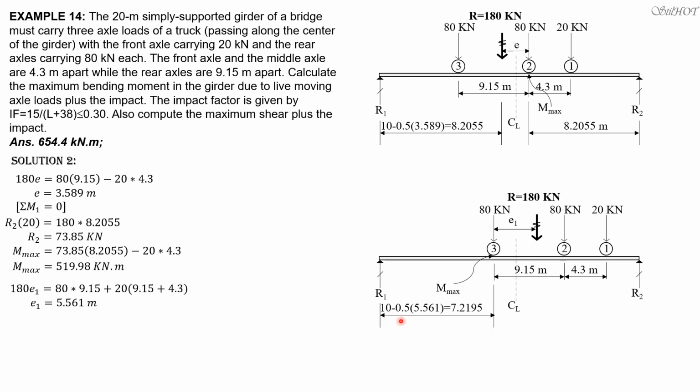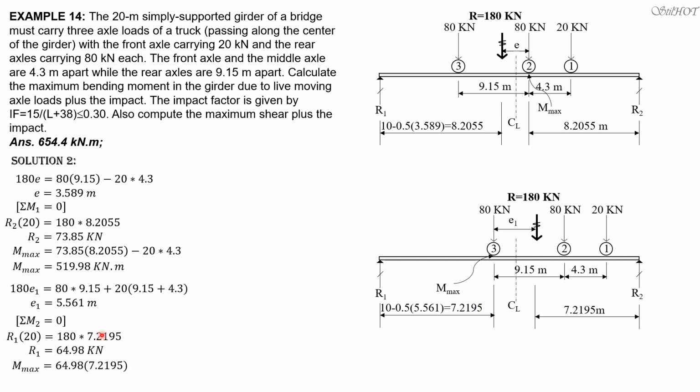So 10 minus 0.5 of E1, so 7.2195. This is the same distance as that of R. So summation of moments about point 2 equals 0. So you have R1 times 20 equals 180 times 7.2195. So R1 is equal to 64.98. So the maximum moment here is simply R1 times 7.2195.